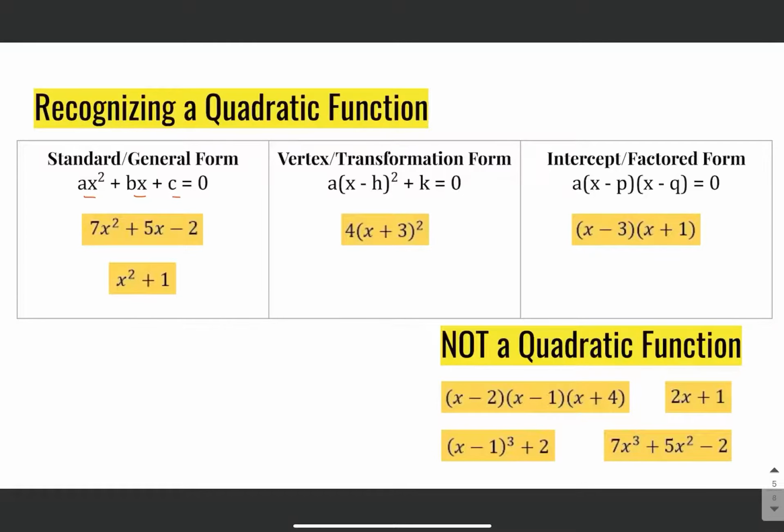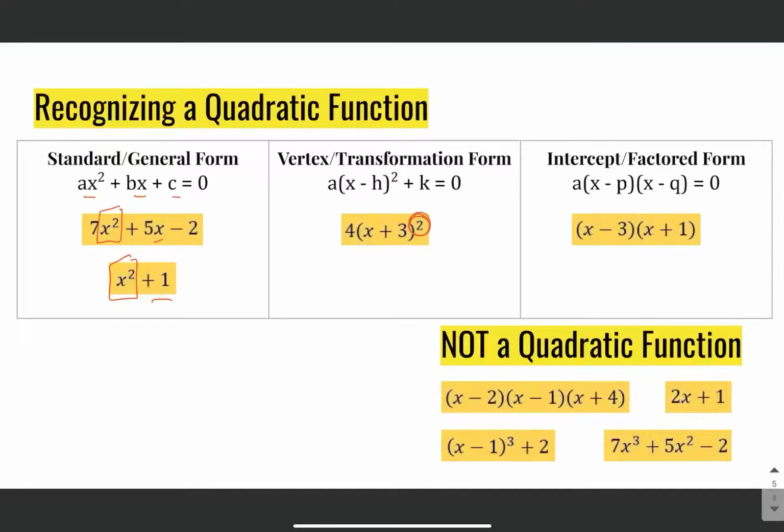Notice how my largest exponent is 2. It can have other x's or even no x's. But your largest exponent needs to be 2. You've got that vertex form, which is also called transformation form. Notice again, my largest exponent here is a 2.